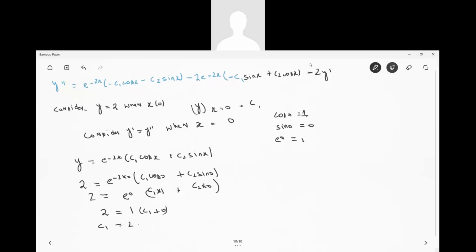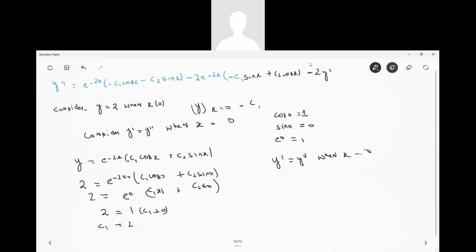Now you want to get the value of C2, right? So what he's saying, y dash is equal to y double dash when x is equal to 0. So in y dash also we will put the value, and y double dash also we will put the value, right? Understood?